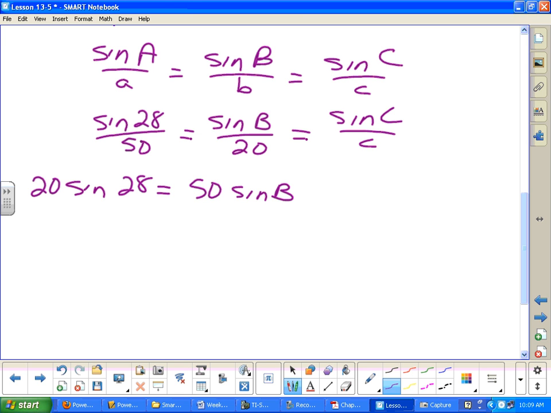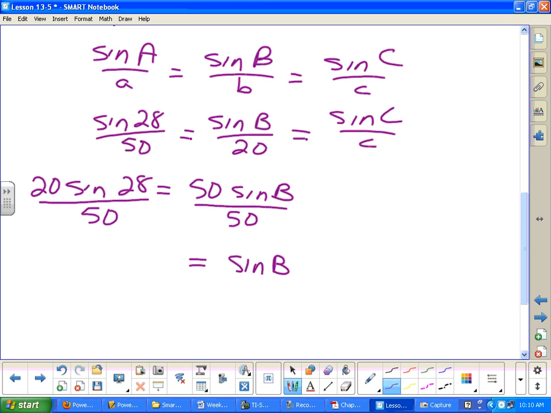So we divide by 50. So the sine of B equals, and when you find this number, it's got to be less than what? Less than 1, because whenever I find the sine of an angle, it's got to be less than 1.